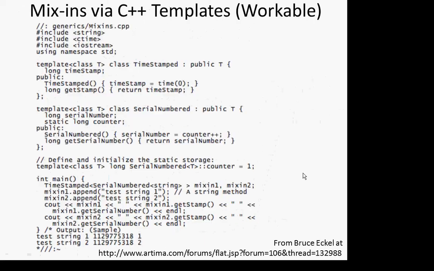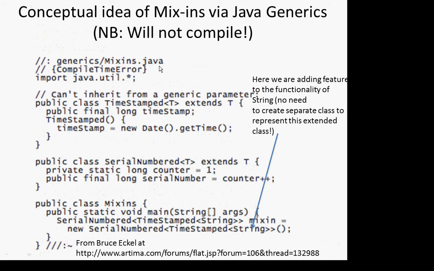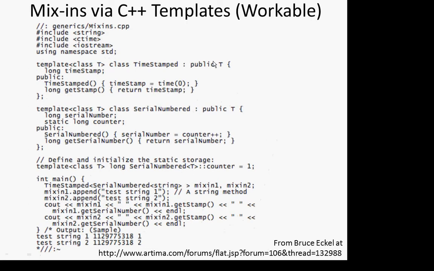Let's take another look at, well, this is it in C++, which actually does work. C++ has a more flexible template mechanism than does Java. Java actually doesn't allow you to do this extends T. That's not compatible with how Java implements generics. C++ has a more general mechanism, and you can, in fact, inherit from a T here.